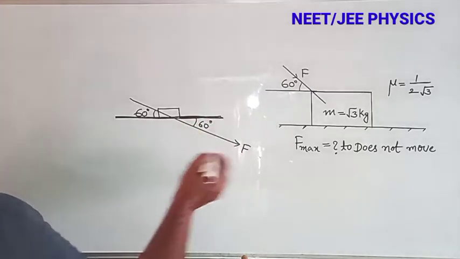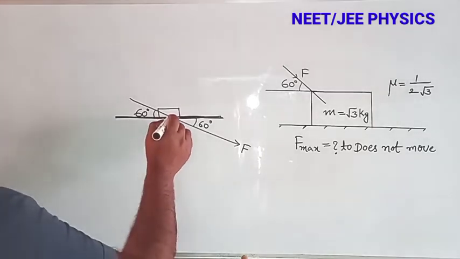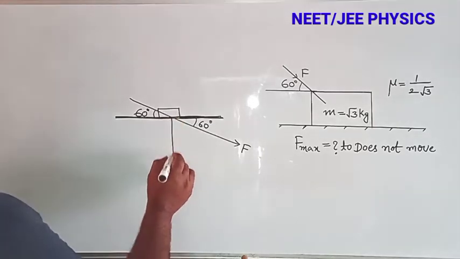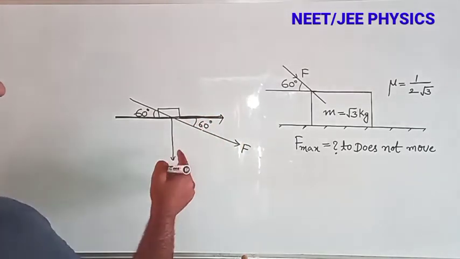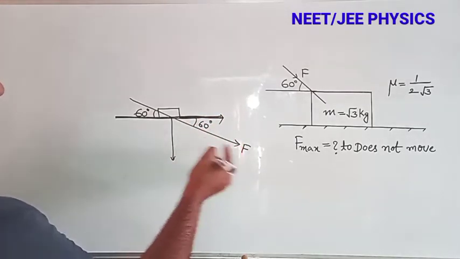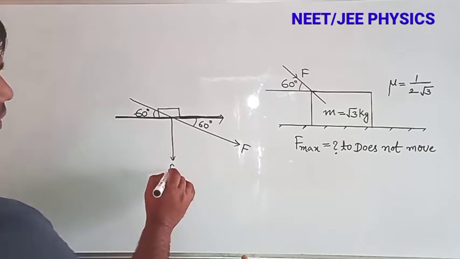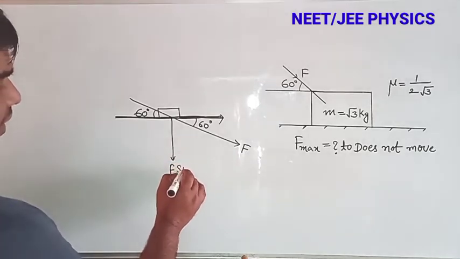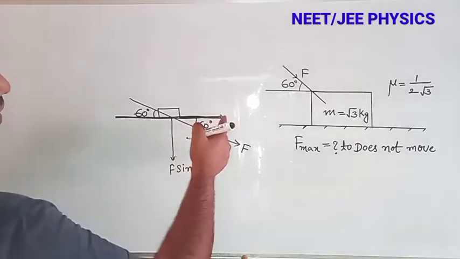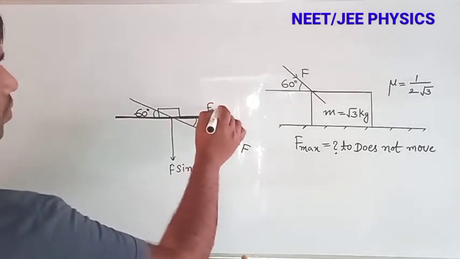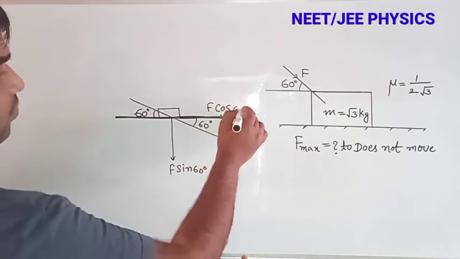Now this force I am going to resolve into two components: a vertical component and a horizontal component. The vertical component is F sine 60. The horizontal component is F cos 60.